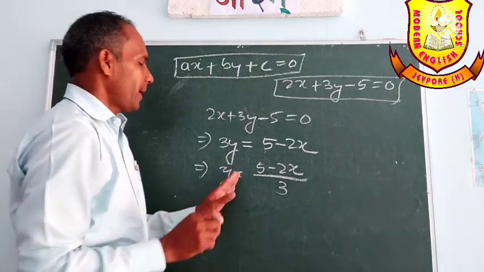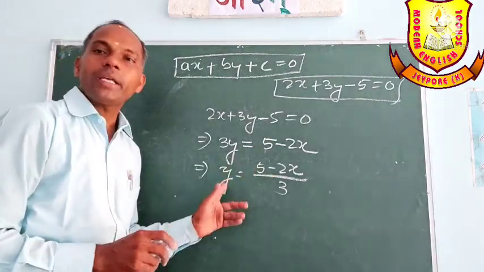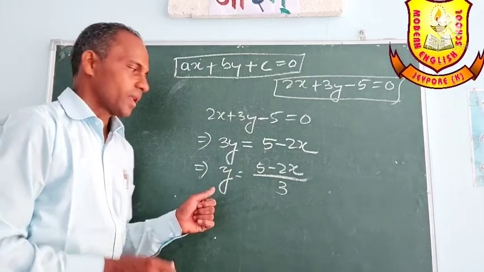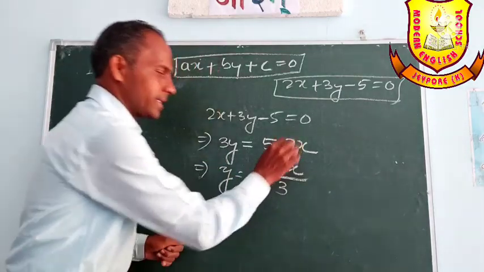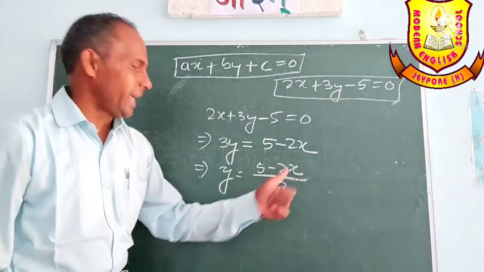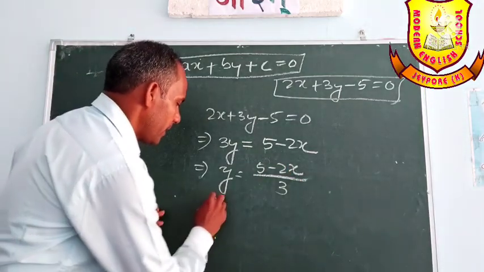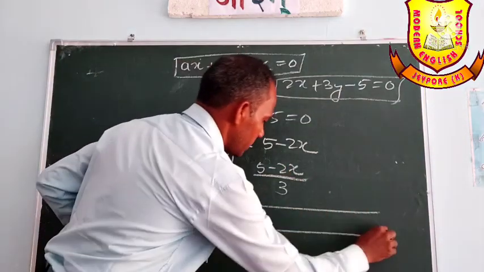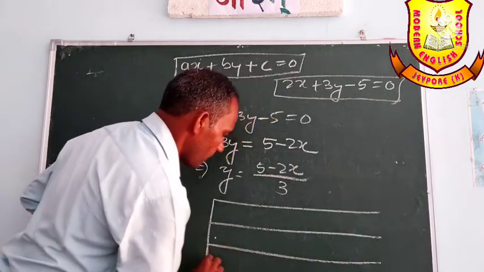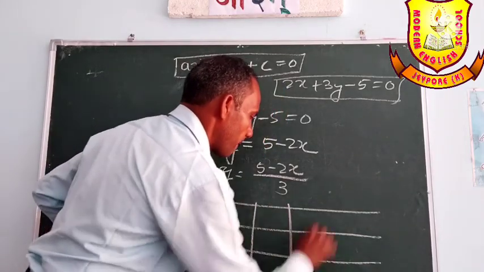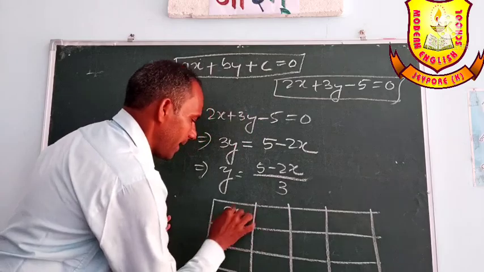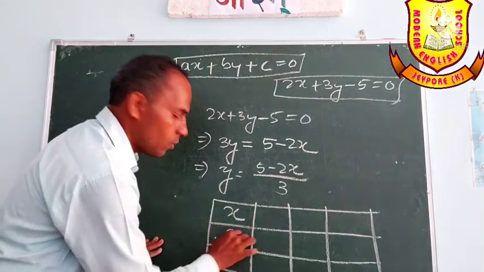Here we will find the values of x and y because they are variables, they are unknown. I will put the value of x as 0. I will make a table called the solution table. Here x, and this one is y.